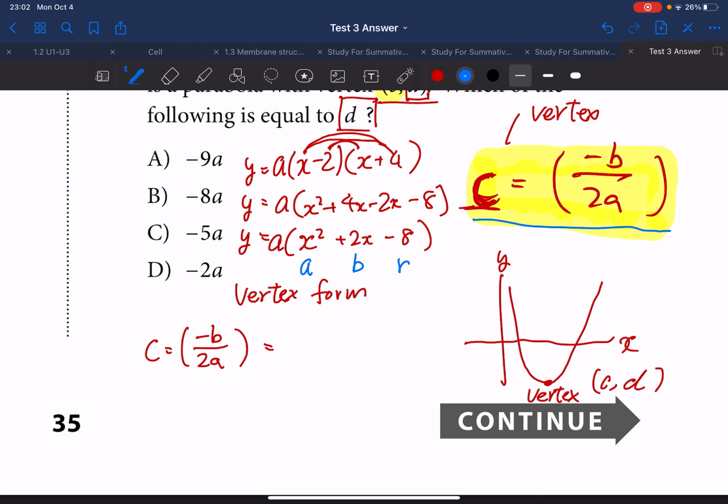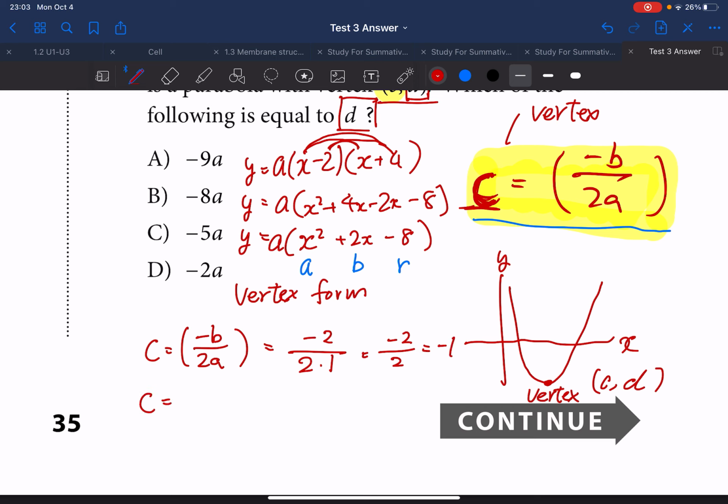Now, we have a equal to 1. So let's put 2 times 1 in the denominator. In the numerator we have 2, so negative 2. Why is there a negative? Because look right here, we have a negative, so you should put negative as well. And then we have negative 2 over 2, which is negative 1, right?